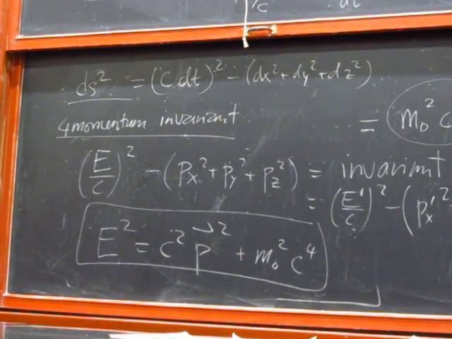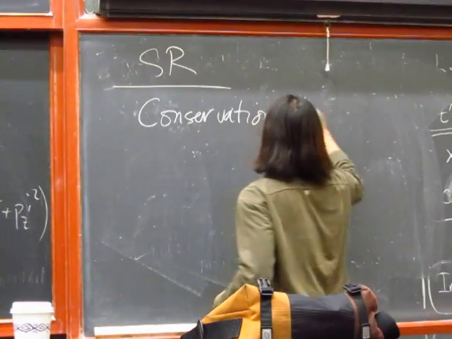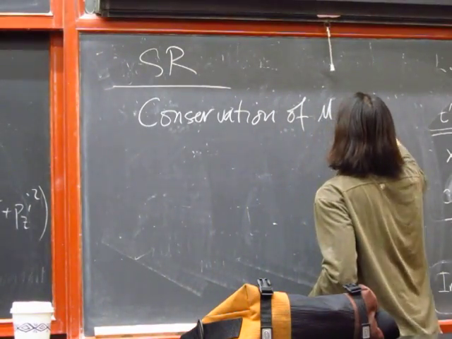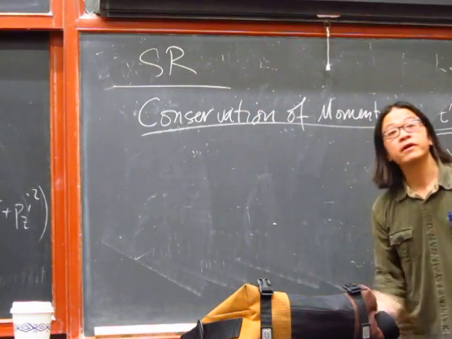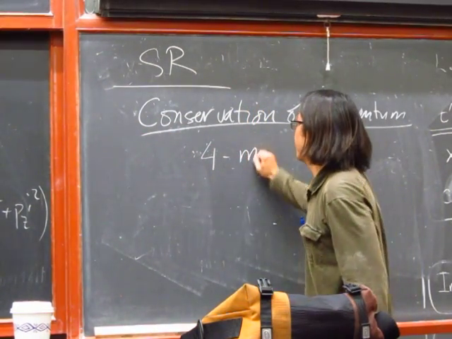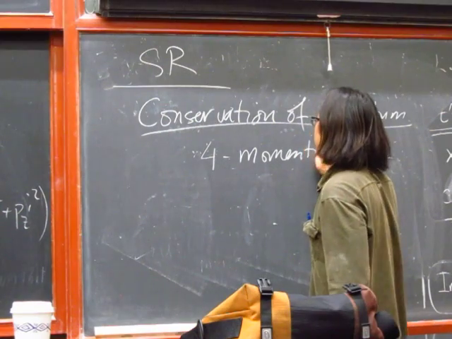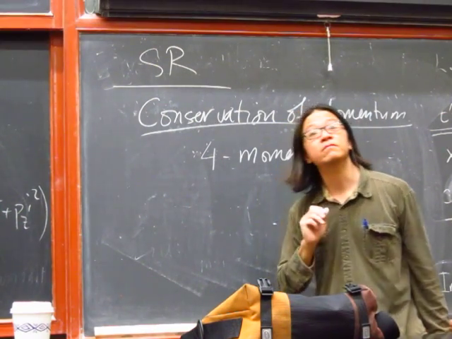So it turns out in special relativity, conservation, I'm not going to derive this, of momentum, and you can look at relativity texts on this. When I talk about conservation of momentum, it's the four-momentum that is conserved. It's not the classical momentum.